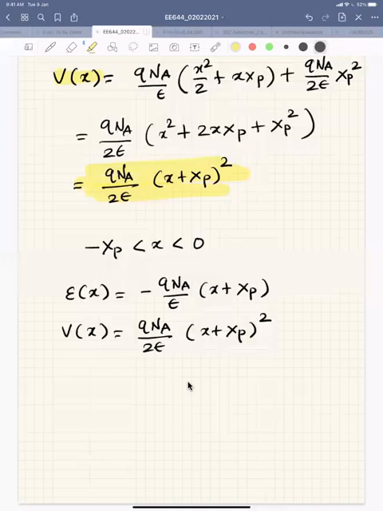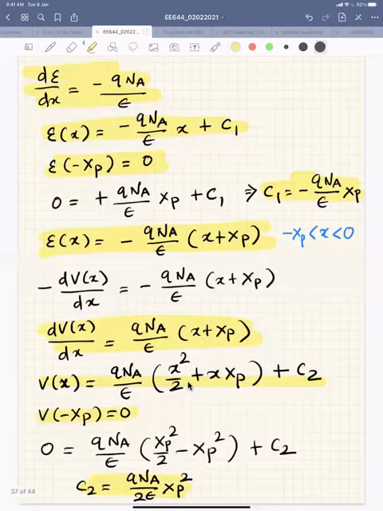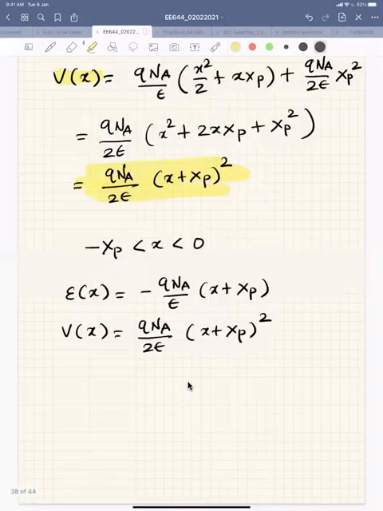Here you see your electric field is linearly varying between minus xp and 0, but your potential is quadratically varying. That's the reason when you draw the band diagram, as I told you in the last class, I cannot connect the conduction band of the n side and the conduction band of the p side by a straight line. I have to use a quadratic function.